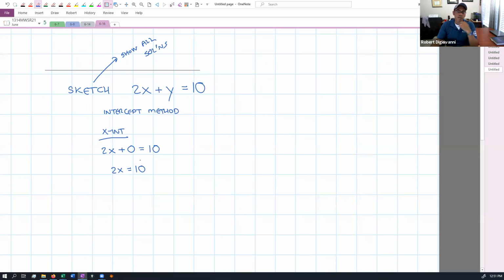Now we just have an equation with one variable, because y is 0, it's gone. Solve this equation for x. Divide both sides by 2, and you get x is 5. So our x-intercept is the point 5, 0. X is 5, and y must be 0 because it's the x-intercept. Any questions there?